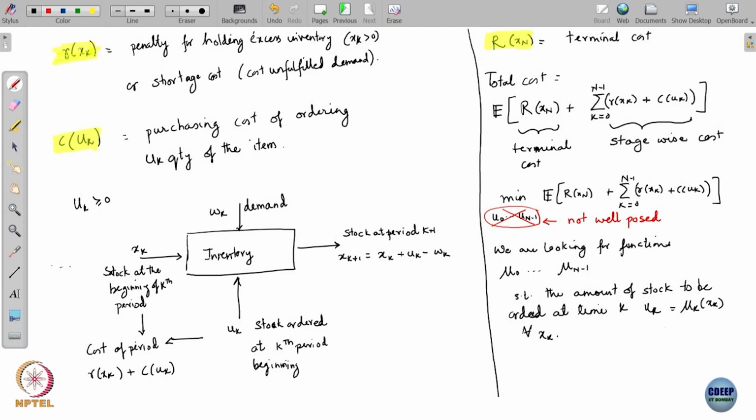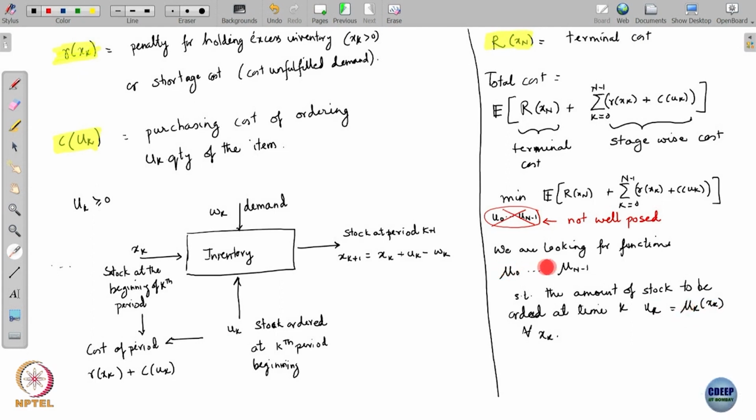So, whatever be the value of the stock available at the beginning of the time period, you will be able to find u k as a function of that once you know mu k.